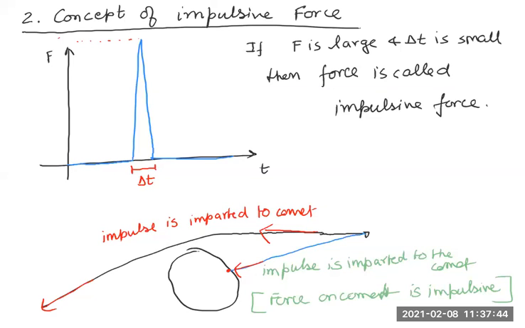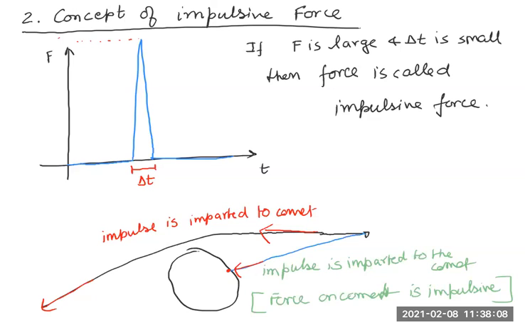In the second case, it is the normal reaction. So, due to the force applied by the Earth on the comet, in both cases, the velocity of the comet changes, and therefore we say that impulse has been imparted by the Earth on the comet. Therefore, the momentum of the comet has changed.